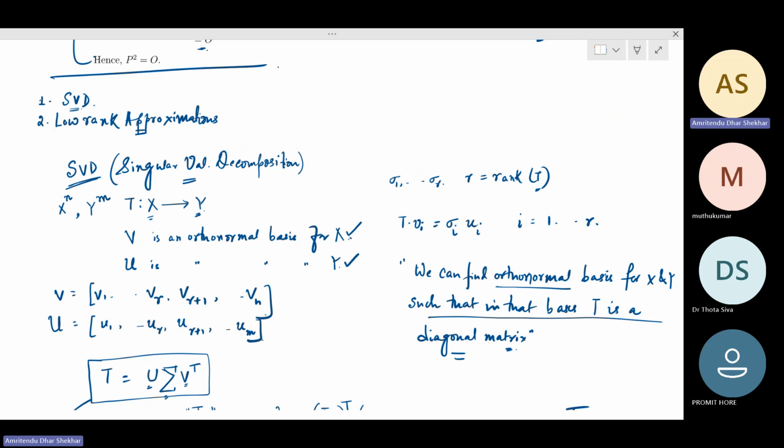When we talk of a low rank approximation of a matrix, this kind of leads into what you were saying.